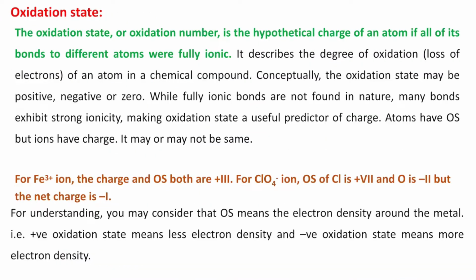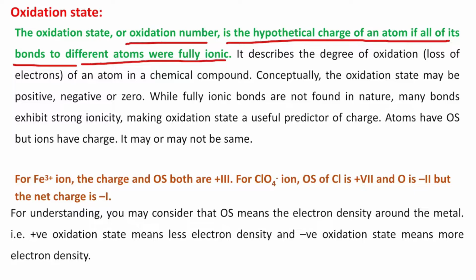Now let's go into details. What is oxidation state? Oxidation state, or oxidation number, is the hypothetical charge of an atom if all of its bonds to different atoms were fully ionic. It describes the degree of oxidation, meaning loss of electrons, of an atom in a chemical compound.